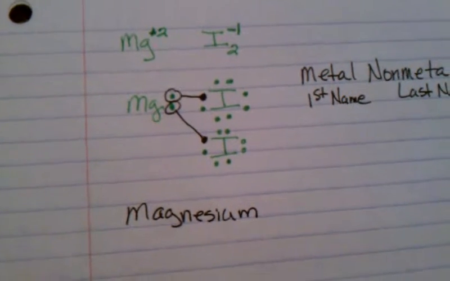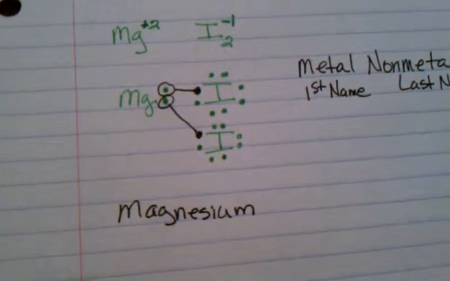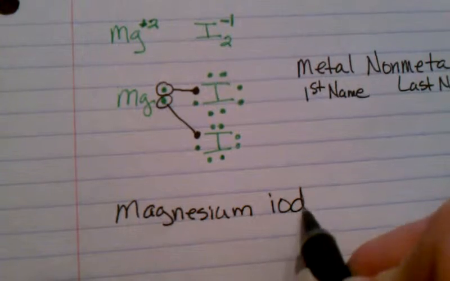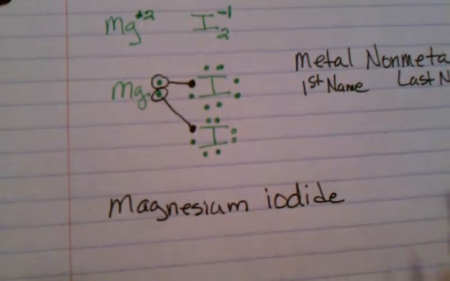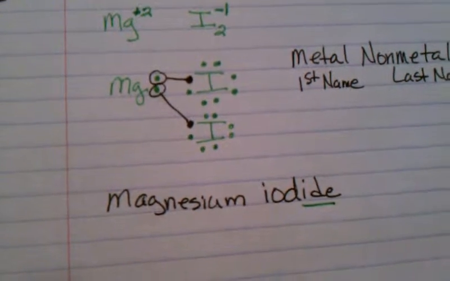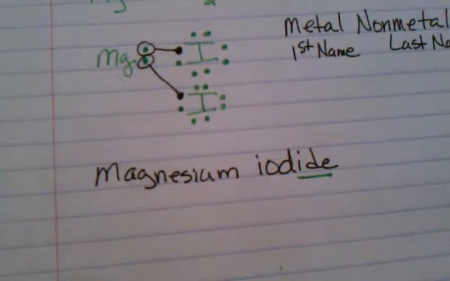Now these 2 elements are married, and so iodine's last name is going to change, but not that much. Instead of iodine, I call it iodide. The IDE is what you change the non-metal's last name to.